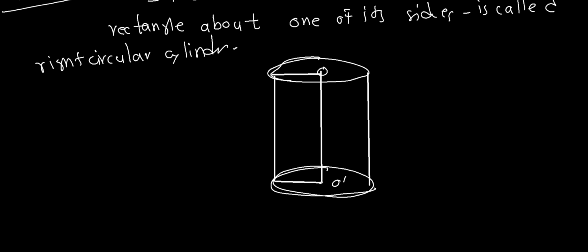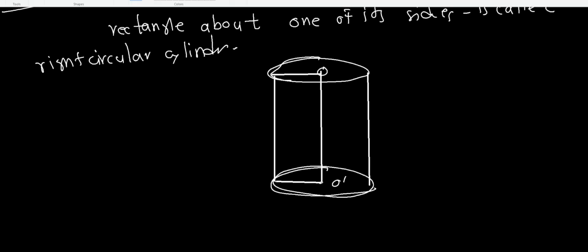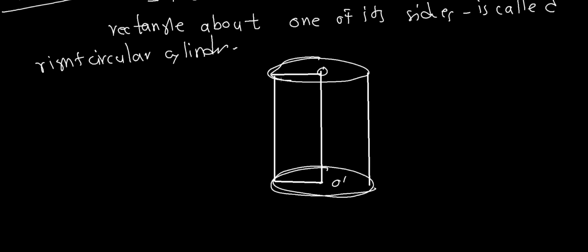So let's give the points A and B. This is the center of the circle. With the radius we reach a point on the arc of the cylinder, that is A, and in the same way from the bottom side.